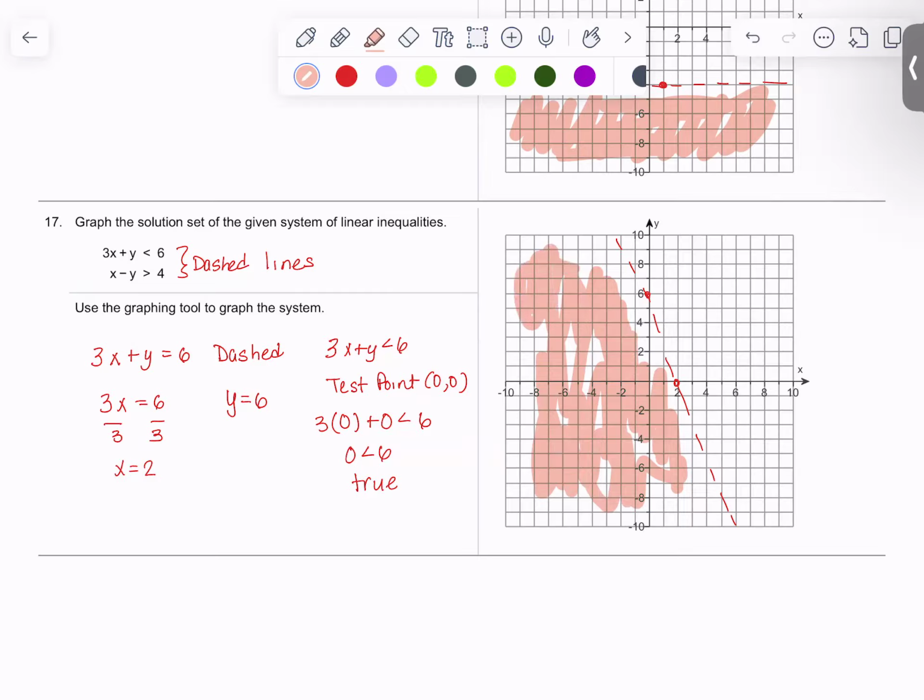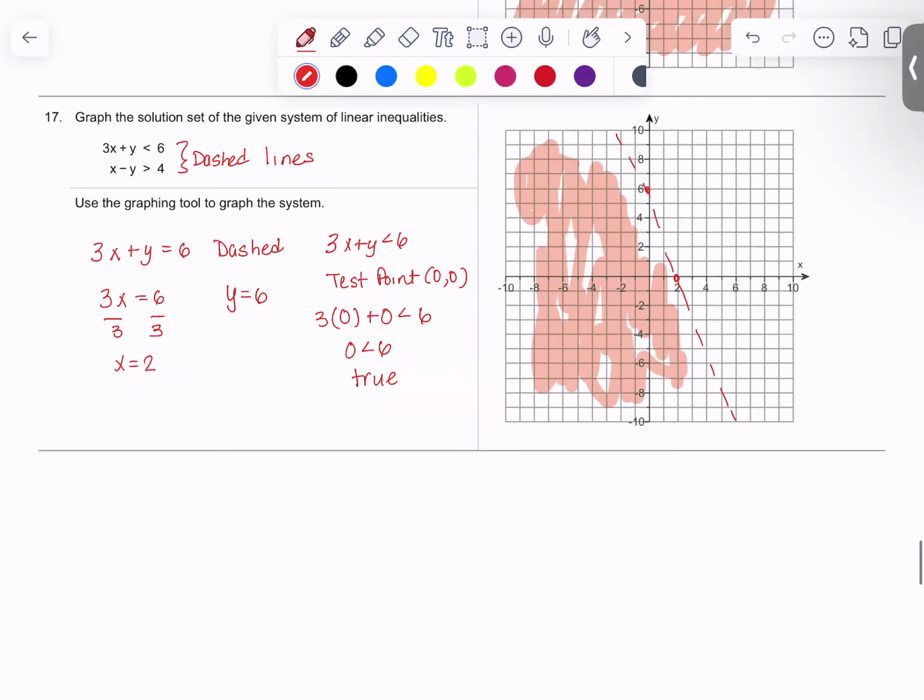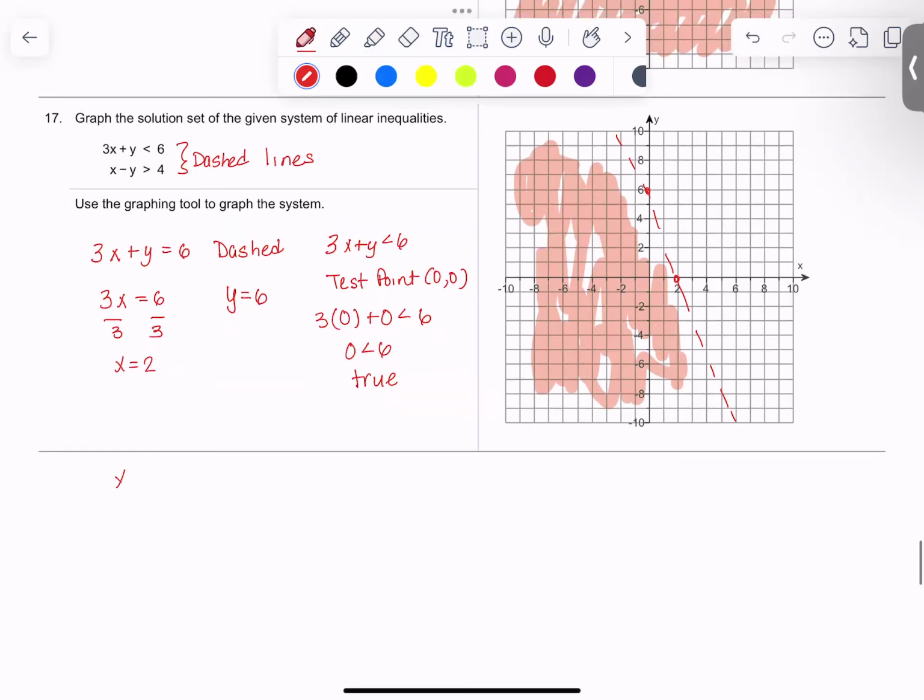Now we're going to graph the other inequality. So I have x minus y is greater than 4. So we're going to graph x minus y equals 4.